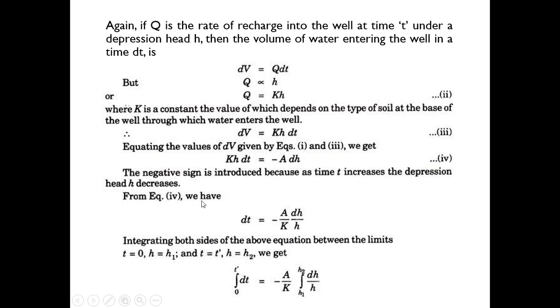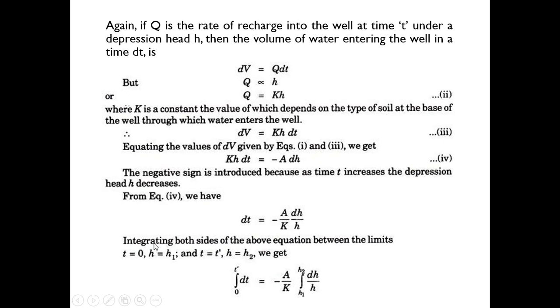So from equation 4, rearranging this, keeping dt on the left side and taking k to the right side, dt equals minus A dH upon kH.